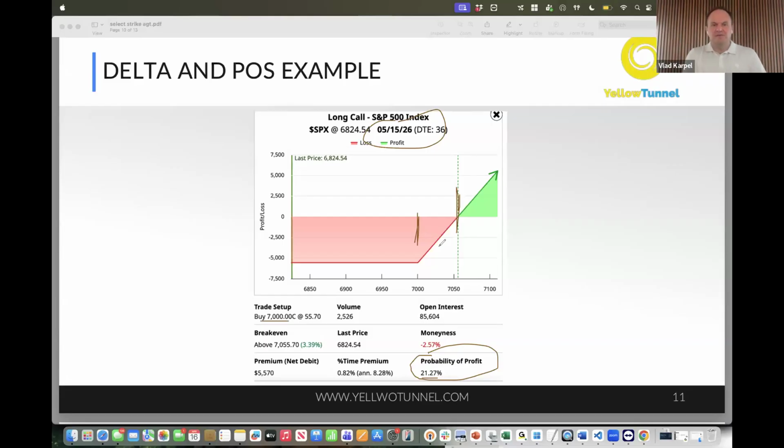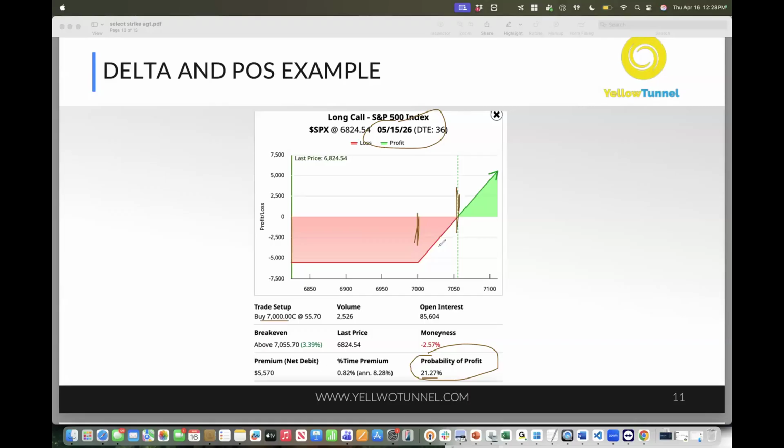Keith, any words of wisdom on delta and probability of profit? Absolutely. Hope everybody bought those calls a week ago, because those are over $150 now. But all kidding aside, I also like to take into account not just the probability of profit, but how much profit I need to achieve to make this a positive expected value trade.